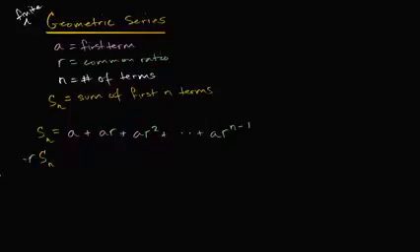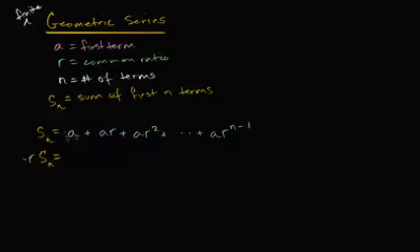So what is this going to be equal to? Well, if we multiply a times negative r, we will get negative ar. And I'm just going to write it right underneath this one. I'm going to multiply every one of these terms by negative r. That's equivalent to multiplying negative r times the sum. I'm distributing the negative r.